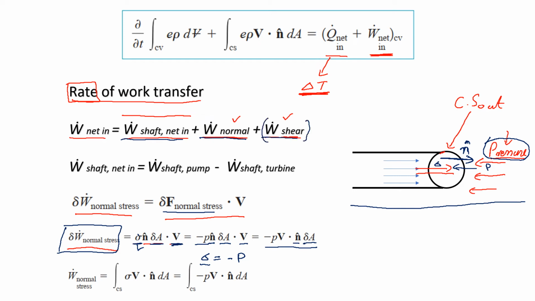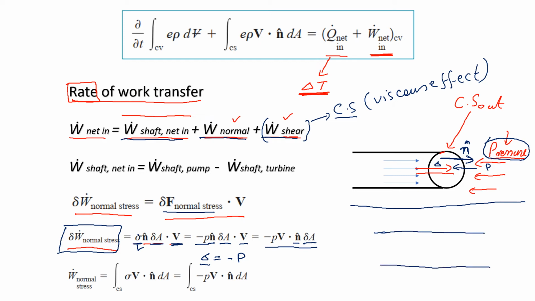These are the shear stresses. They also occur on our control surfaces, and they are due to the viscous effects, the viscous effects that occur inside our fluid, the effects due to viscosity. By viscous effects, I mean the effects that we used to discuss, that if a fluid is flowing like this in this direction, it will have a certain velocity profile, and this is the velocity profile of this fluid.